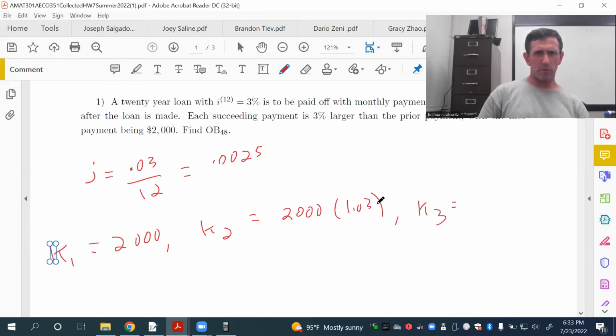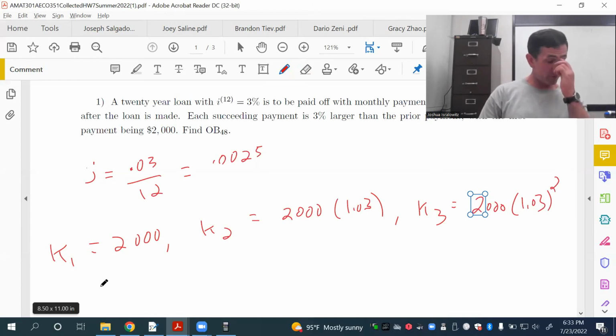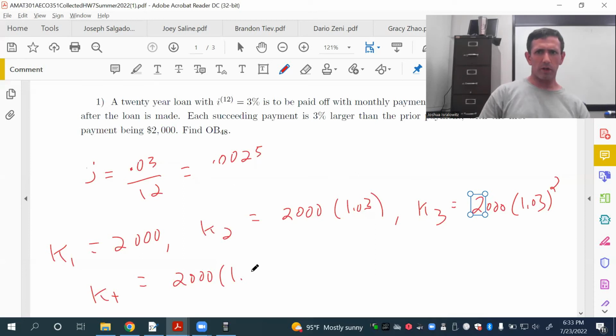Third payment is 3% larger than the second payment, etc., etc. Okay, so just like in the lecture example, this is just 2,000 times 1.03 to the t minus 1.